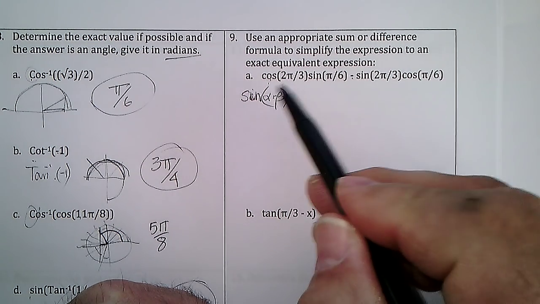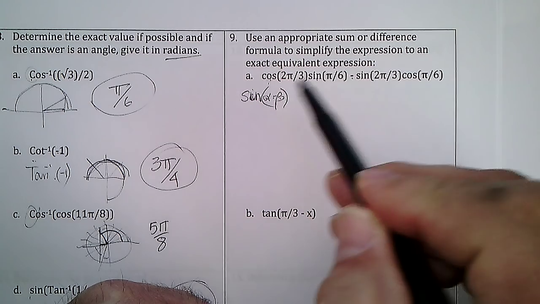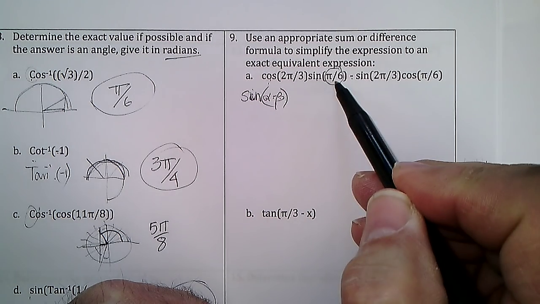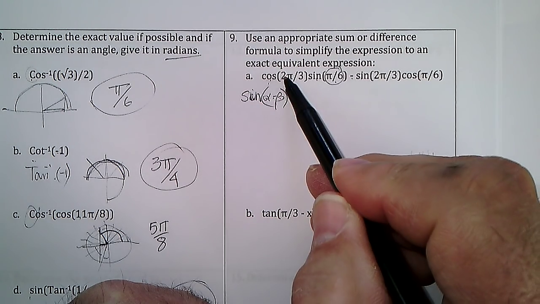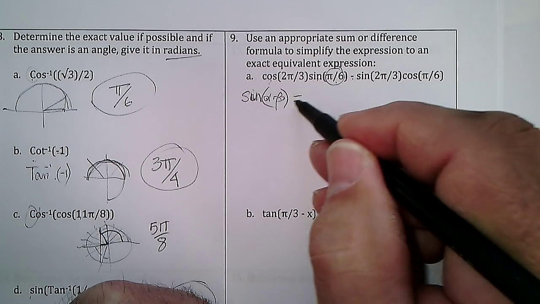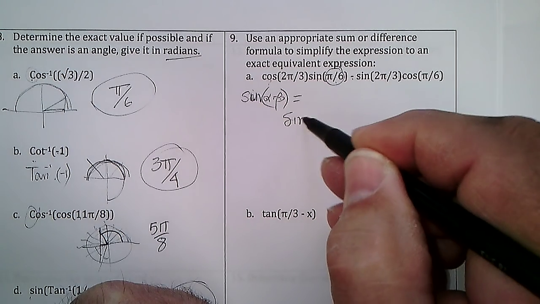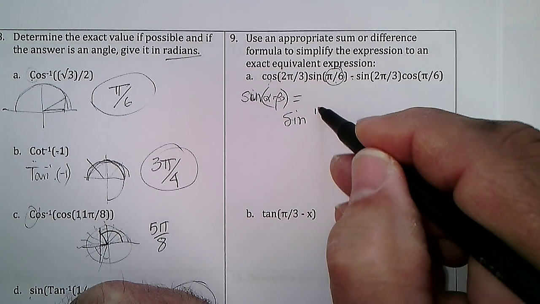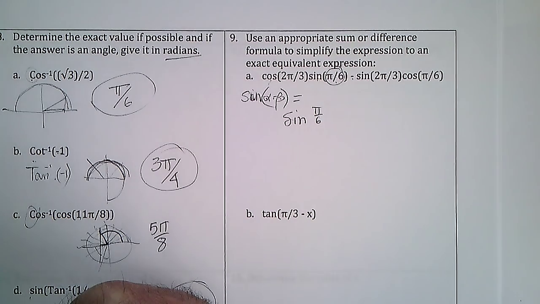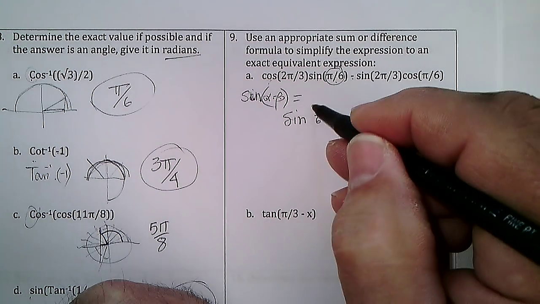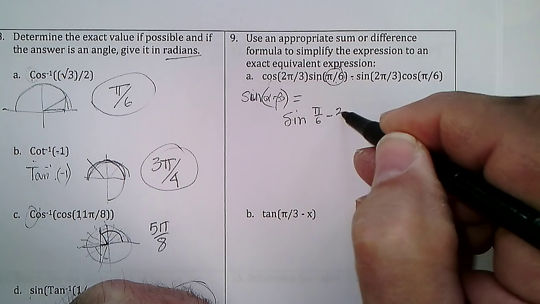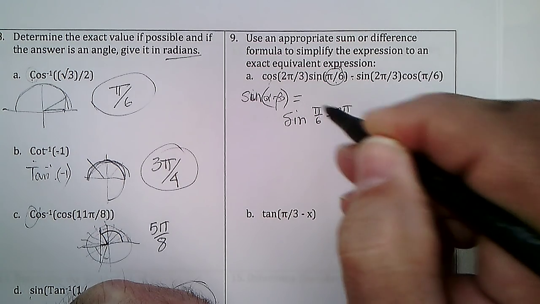So I'm supposed to start with sine of alpha cosine of beta. So this must be the alpha, the first one, and this must be beta, the second one. So this must be the sine of pi over 6 minus 2 pi over 3.